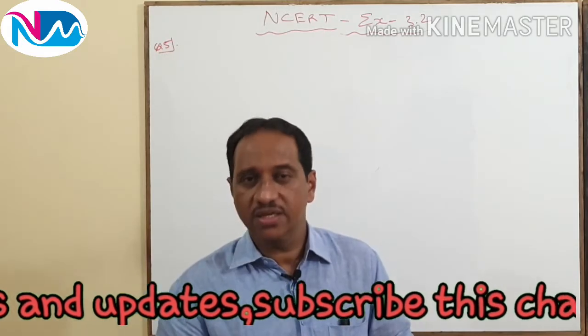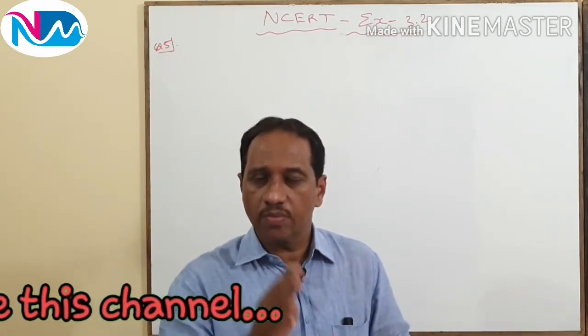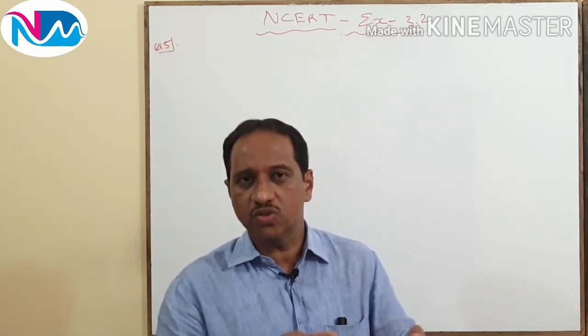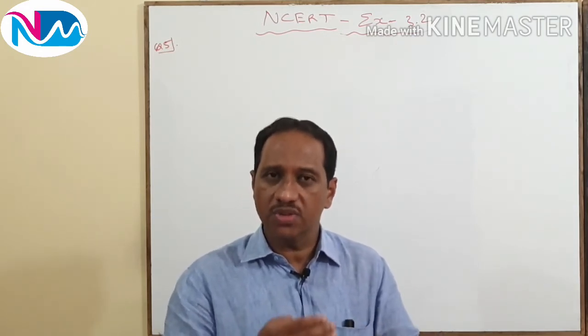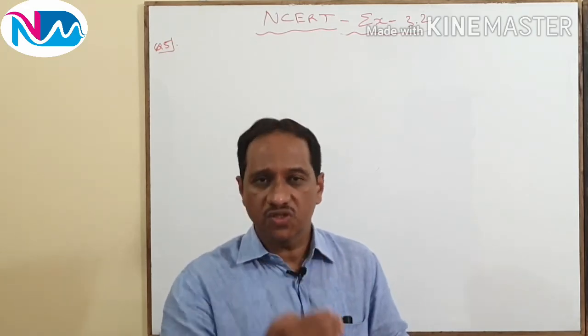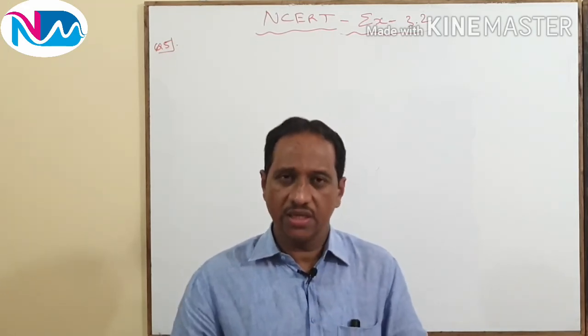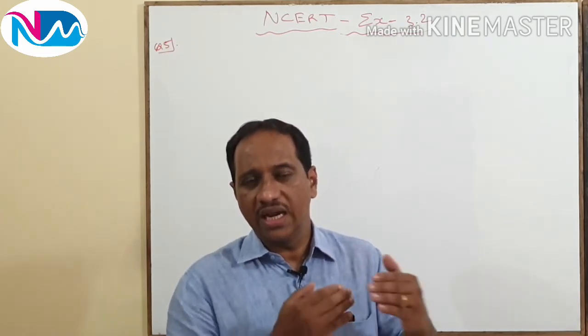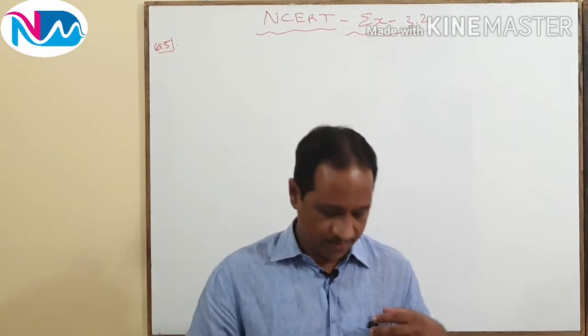Second condition is the length is 4 meter more than its width. So using these two conditions, we can form the linear equations in two variables and we will solve them graphically to find the values of the two unknown values, length and breadth.